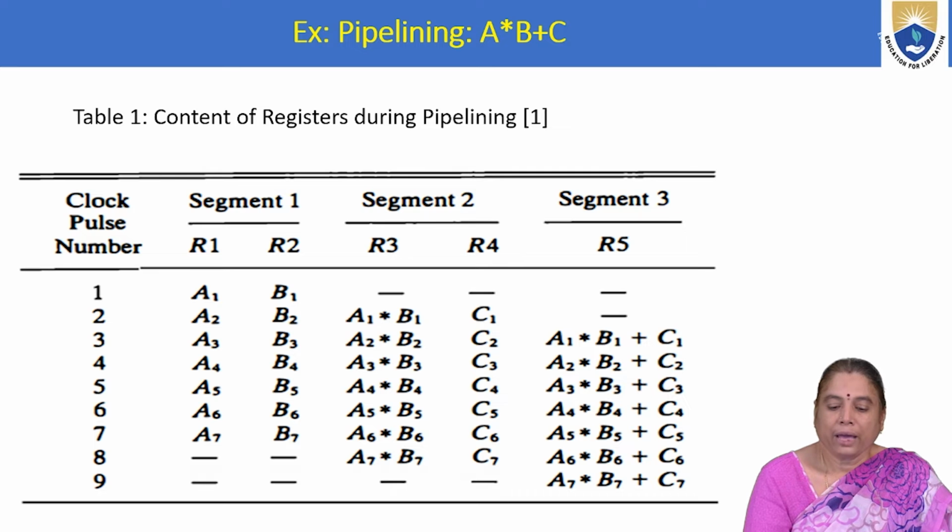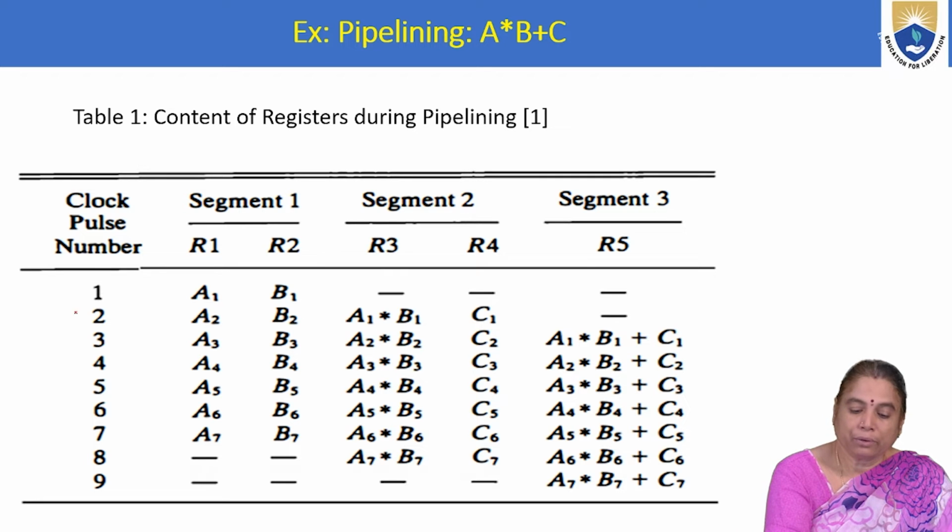So the timing diagram can visualize how in each clock pulse the overlapped execution of segments is carried out in the pipeline. So it is used to pictorially represent the behavior of the pipeline.